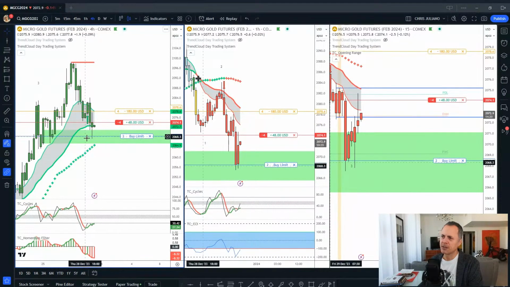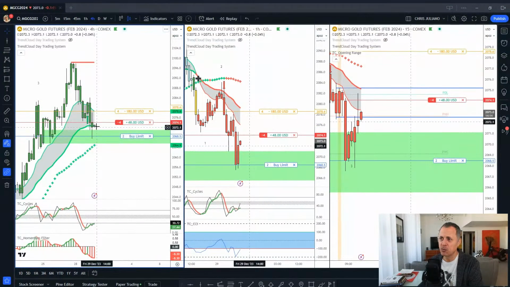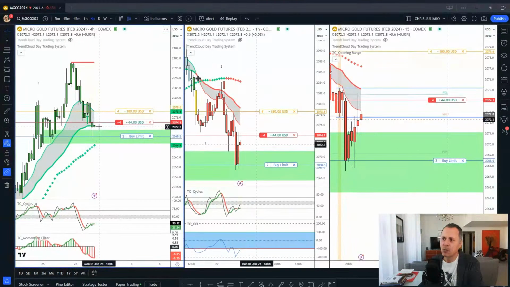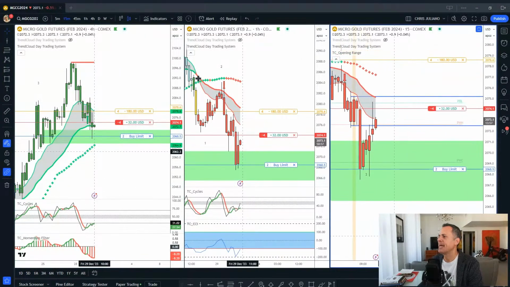It's gone past its trend cloud, broke through that 34 exponential, and it's heading towards that 50. So we might want to hit the 50 and then turn around, but we're definitely pulling into some buyers here, and that is the situation that we're in.